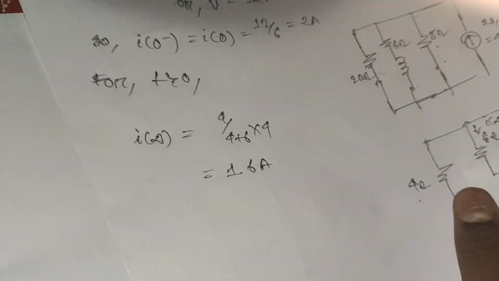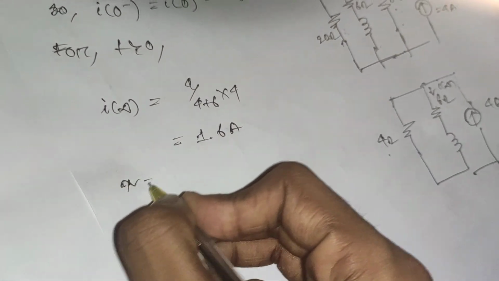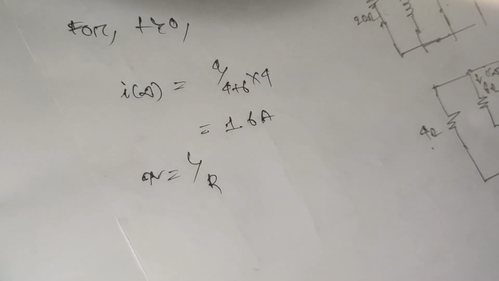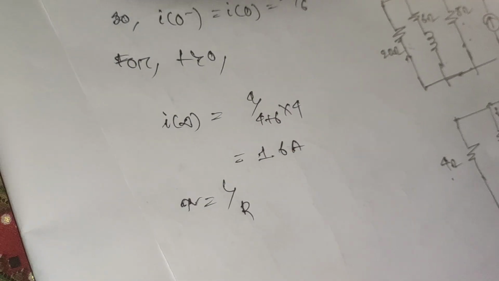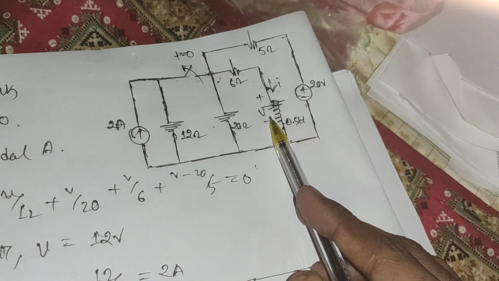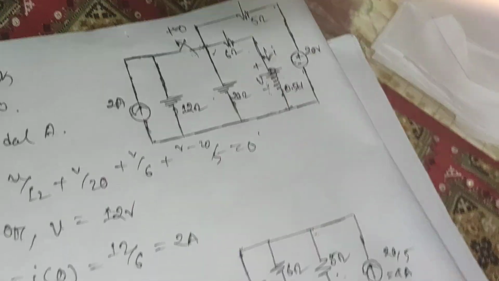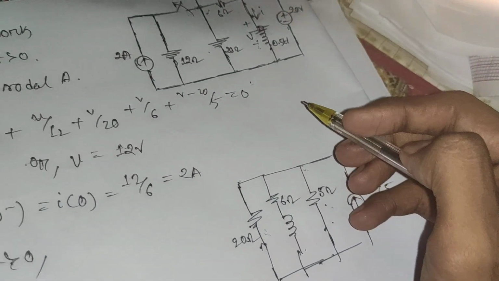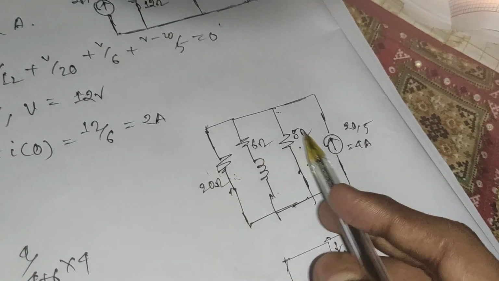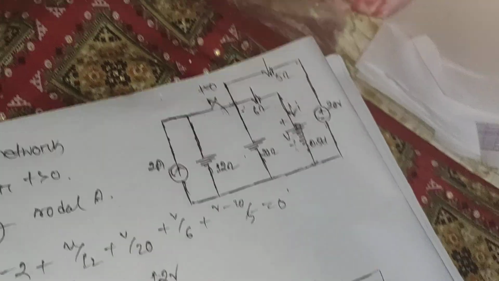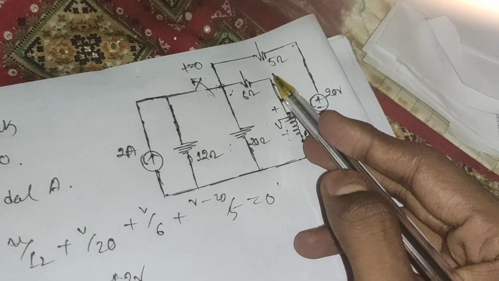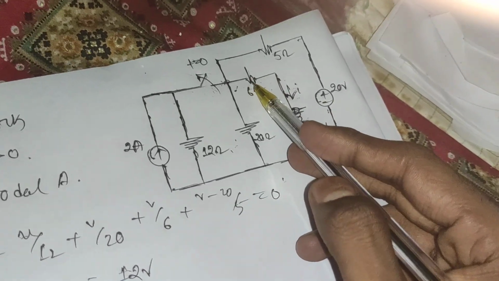Now let's quickly calculate tau. What is the value of tau? For an RL circuit, tau equals L by R, right? Now to calculate it we look at these two terminals. 20 and 5 are in parallel, which will be 4, and in series with 6, so the total is 10.